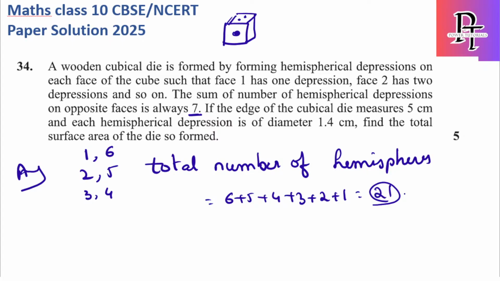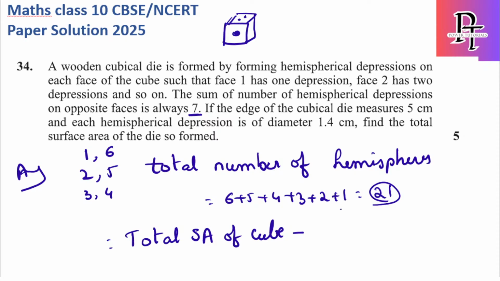They are asking to find the total surface area of the die. For the total surface, first I have to get the total surface area of the cube. Now I need to subtract the circle areas. Why am I talking about circles? Because that portion of the side is getting cut.